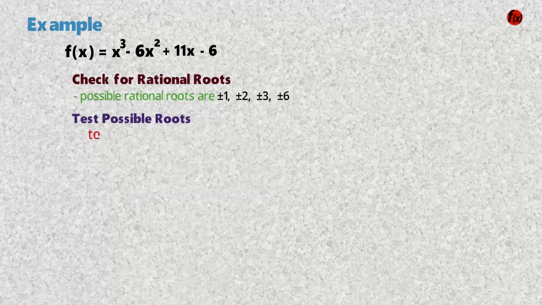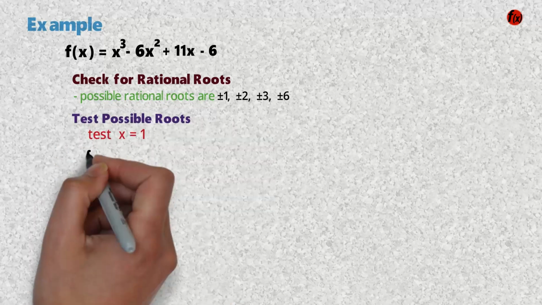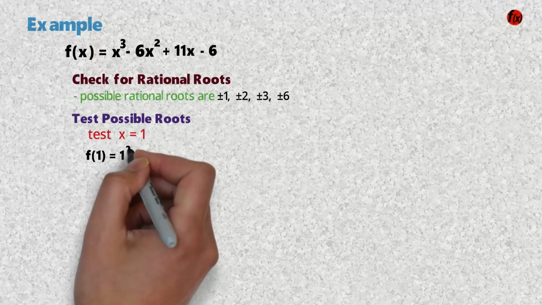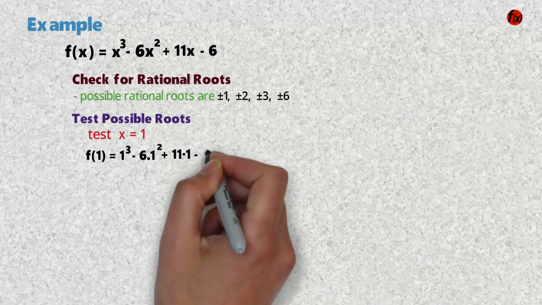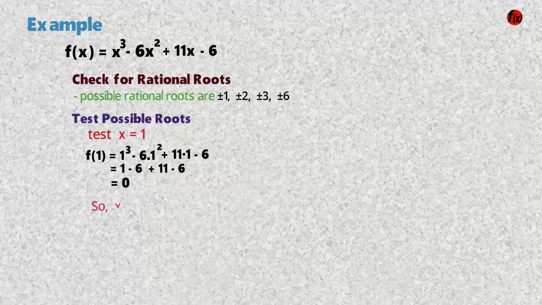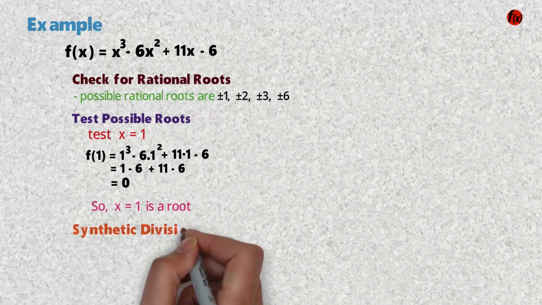Test possible roots. Test x equals 1. f of 1 equals 1 cubed minus 6 times 1 squared plus 11 times 1 minus 6 equals 0. So, x equals 1 is a root. Synthetic division.